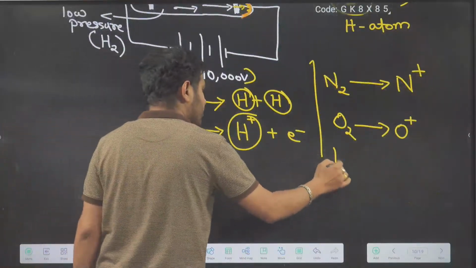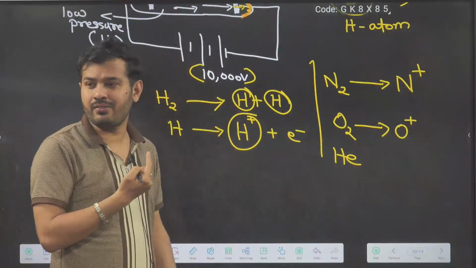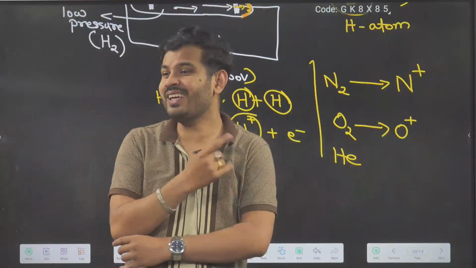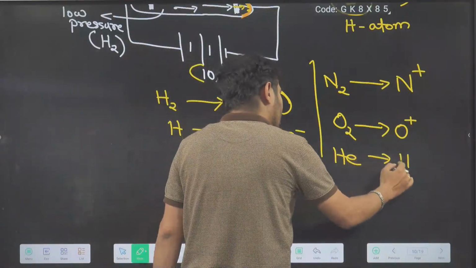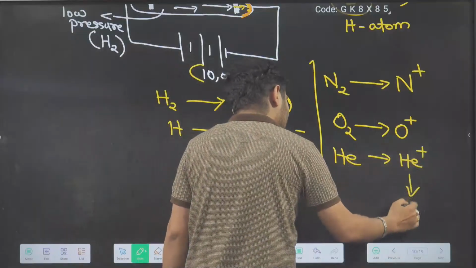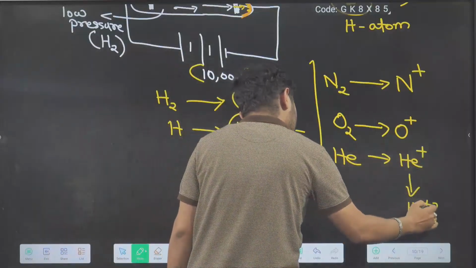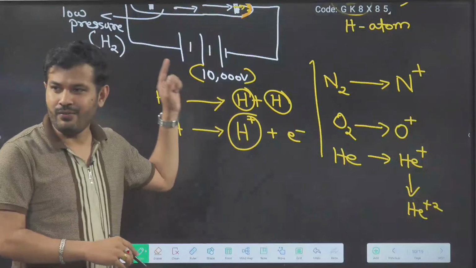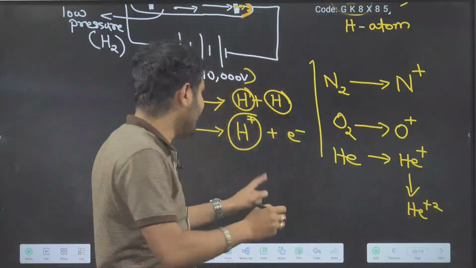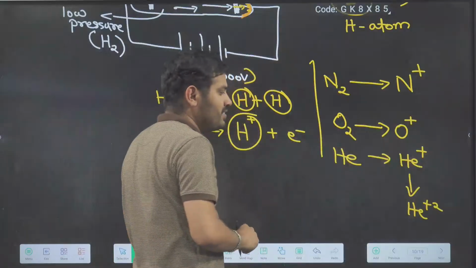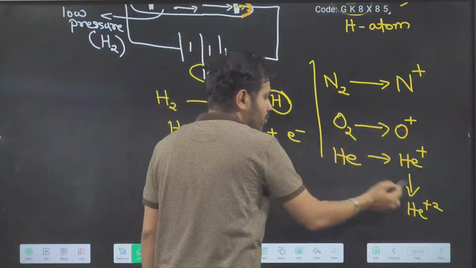What will helium give? Helium plus, or helium plus may also give helium 2 plus, because that high voltage is going to remove the electron. If you remove one electron from helium, it will form helium plus. If you remove another electron, it will form helium 2 plus.